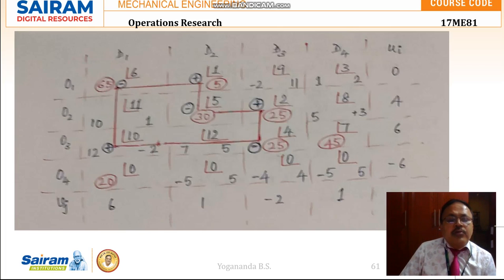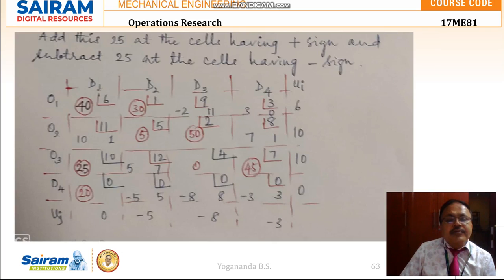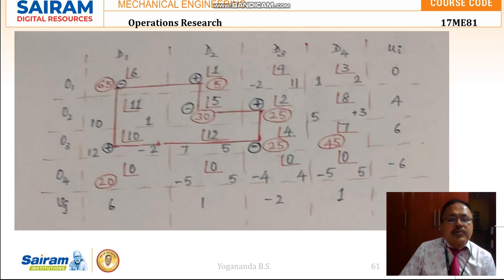So we have 65, 30 and 25. These three have minus signs. Taking the minimum of these three, that is 25. So add this 25 at the cells having plus signs and subtract 25 at the cells having minus signs.